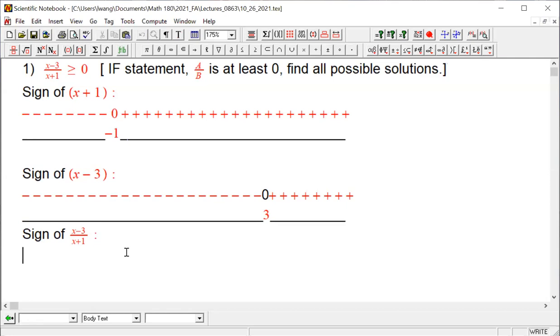What will happen? You still have the number line. We have the -1 here and the 3 here.